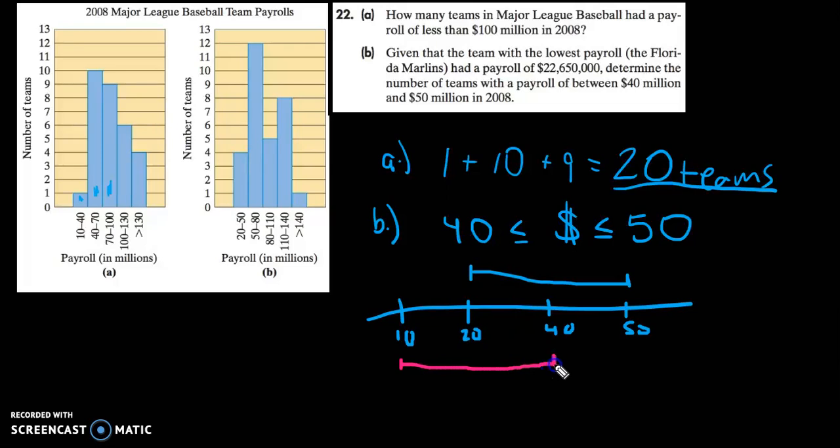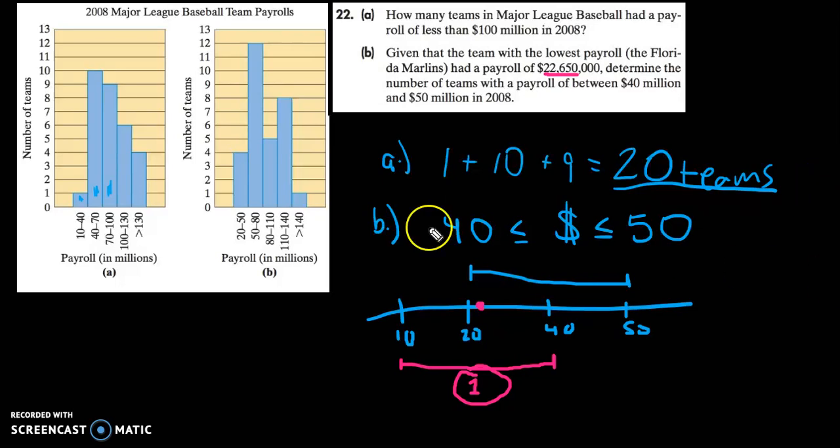So from here to here, there's only one team in that whole area. Well then, since they told us this specific information, the Florida Marlins have a payroll of 22 million, they must be that one team, right? Because that would put them right here-ish at 22, and they're between 10 and 40. Why is that important? Because if they're that one team that's being counted here, that tells you between 10 and 40 there's no other teams.